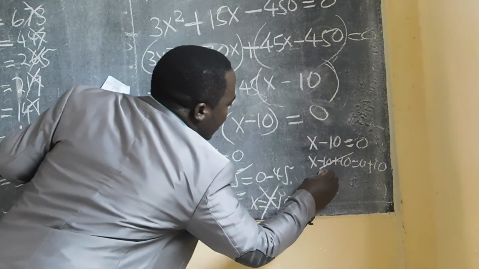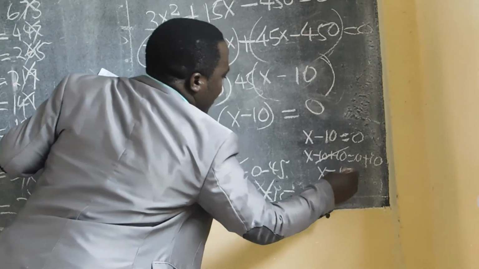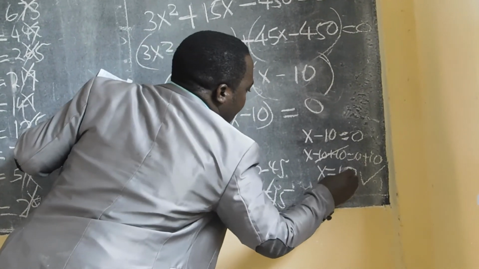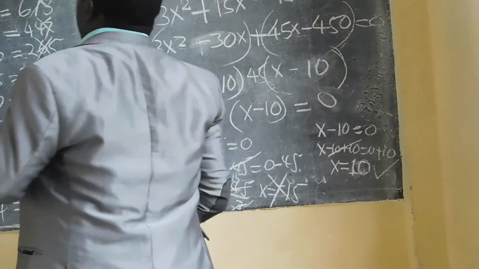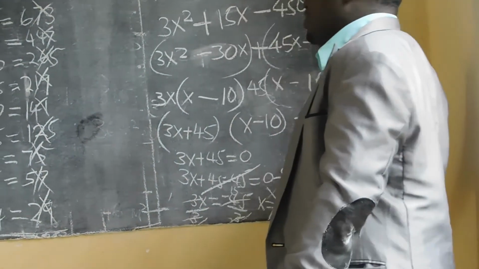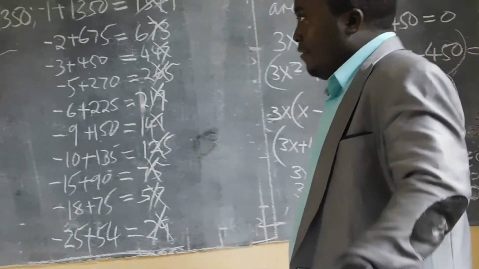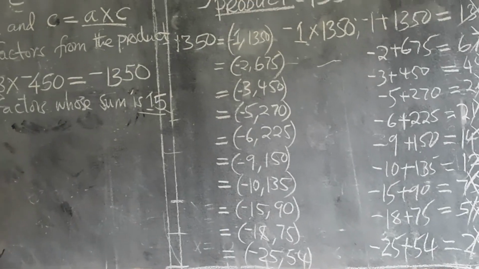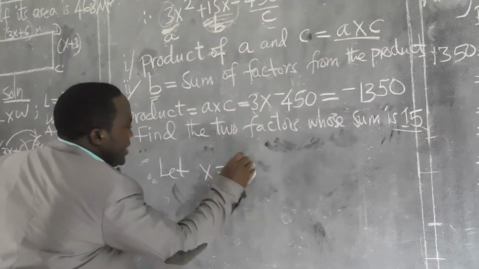This is finished. We remain with x is equal to 10, which is a correct value if you prove from our lengths and width expressions given. Therefore, the value of x is 10, and therefore now you can let x be 10.